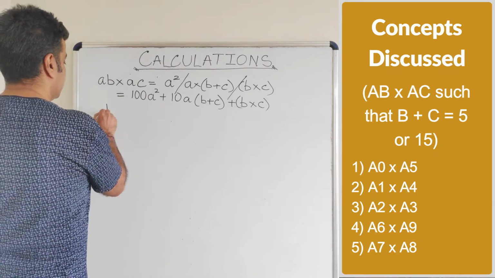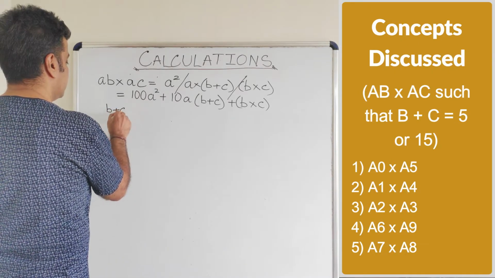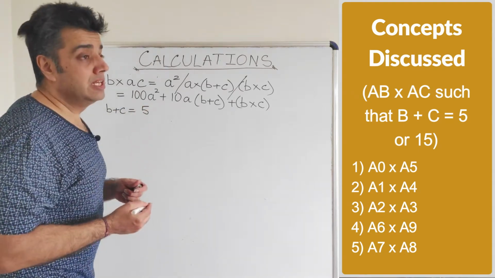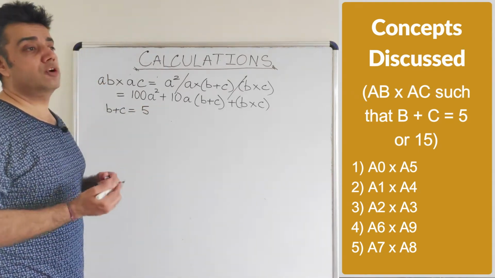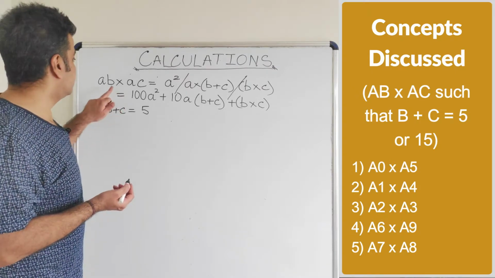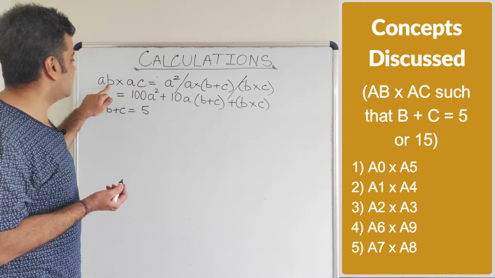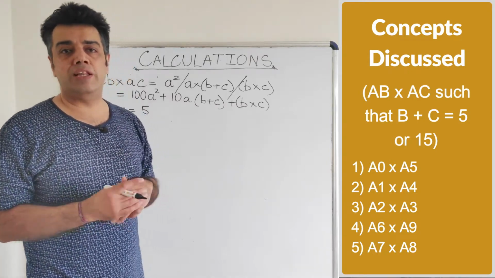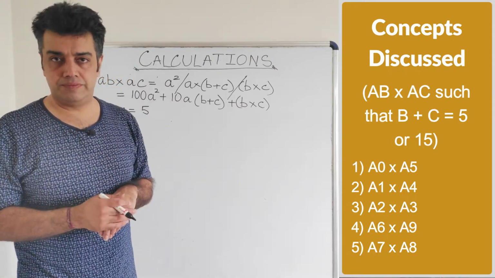Now all I need to discuss in this session is when the sum of the units digit is either a 5 or a multiple of 5. The maximum sum that I can get for the units digit, which is b plus c, cannot exceed 18, right?